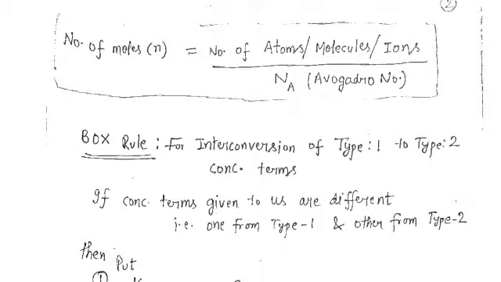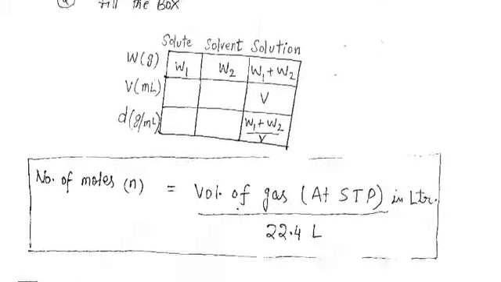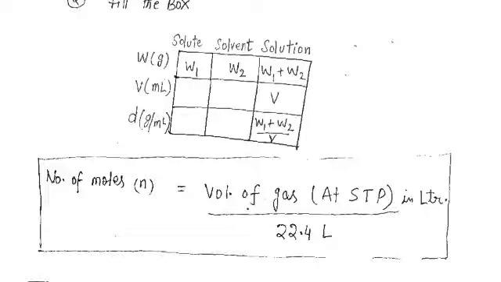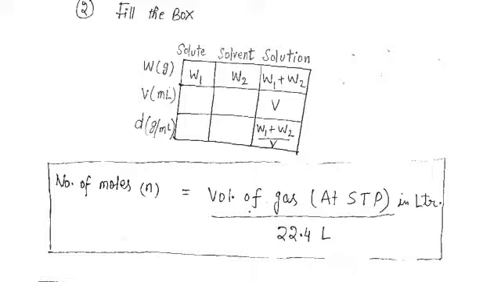All right. And one more thing, in terms of volume, the number of moles is the volume of gas at STP, standard temperature and pressure, divided by 22.4 liter. Note here I have taken the pressure as 1 atm, but in standard temperature and pressure we have now decided to take 1 bar pressure.